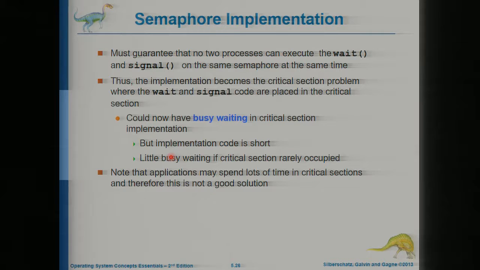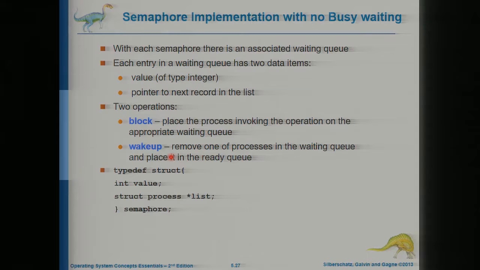So a little busy waiting is fine if the critical section is rarely occupied. Note that an application may spend a lot of time in the critical section and therefore it is not a good solution. Most of the time it is very lengthy and more processes are continuously executing the critical section, so it's not feasible to have busy waiting.